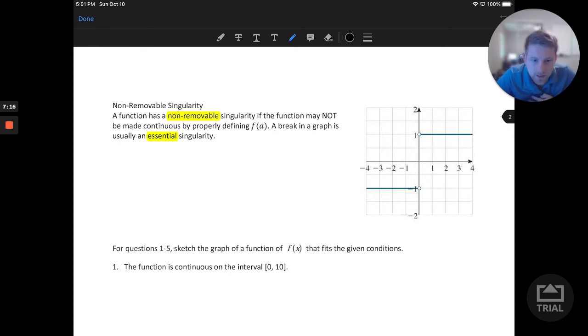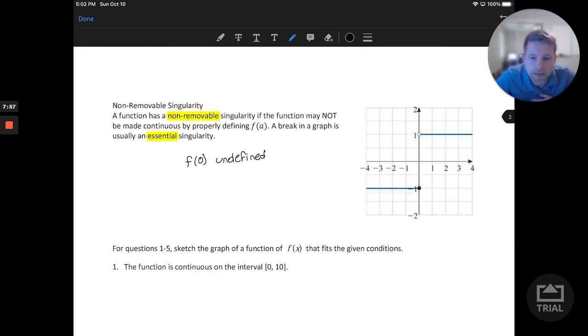So if we considered, in this case, it looks like we are undefined at 0. So f of 0 is right now undefined. And regardless of where I choose to define f of a, just like my last problem, if I was to define f of 0 at some point, either at 1 or at 0 or at -1, regardless of where I put that point, I'm still not going to be continuous.